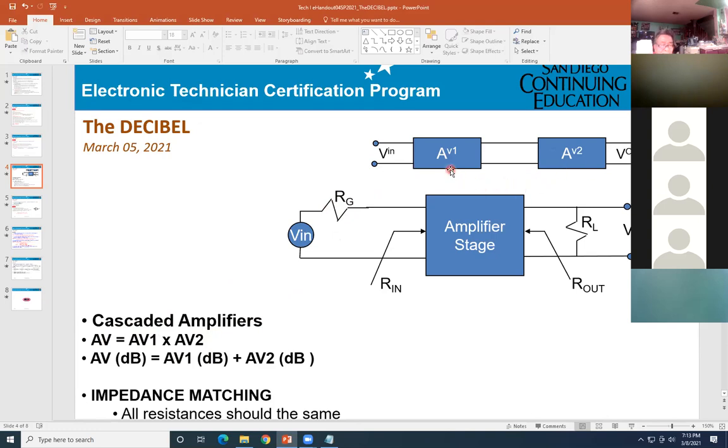If the first gain is 10 and the second gain is 10, the total gain will be 100. However, if you want the total gain in dB, you cannot multiply. You must add. AV1 plus AV2. For example, the first gain is 2 dB and the second gain is 3 dB. The total gain must be 5, not 10, okay?